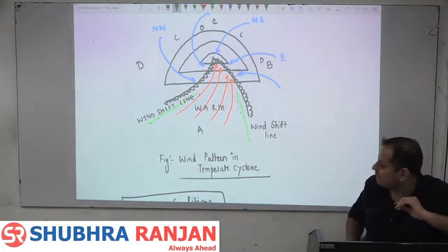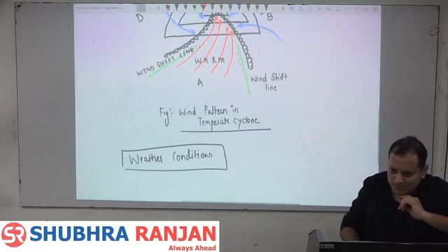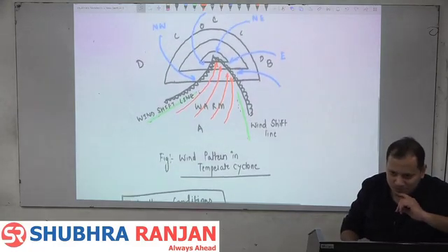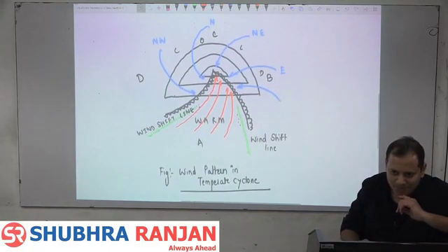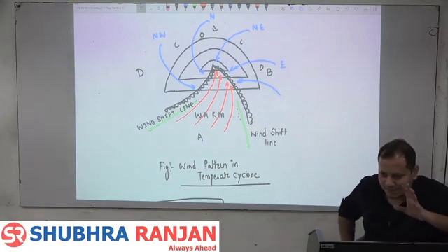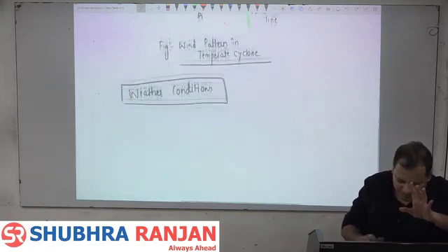In GS we will not go into South East, South West, not in that much detail. In GS they will keep it very simple. Southern part has the higher temperature.